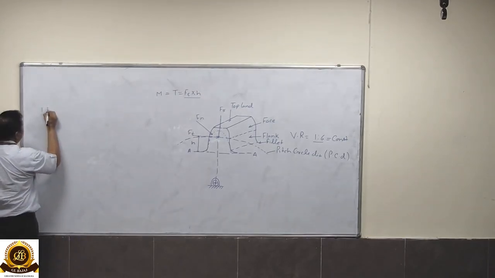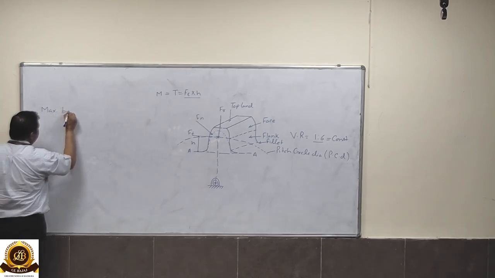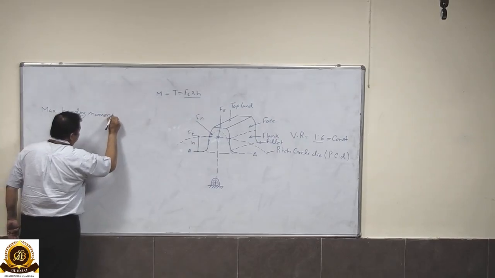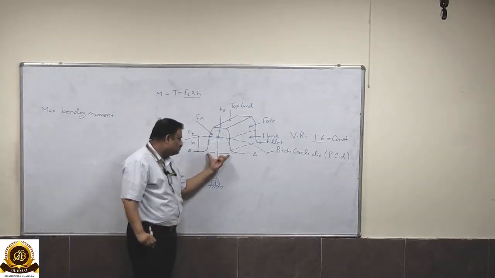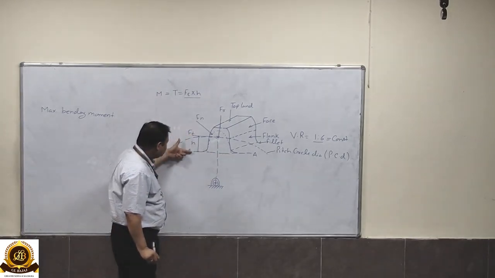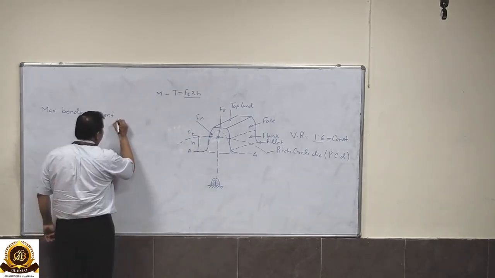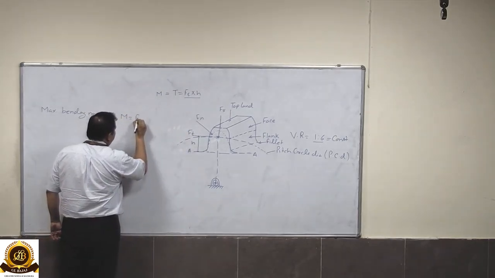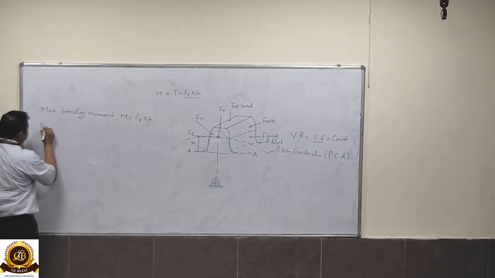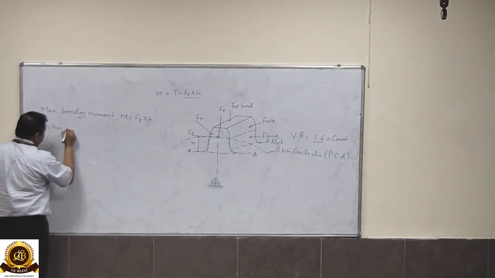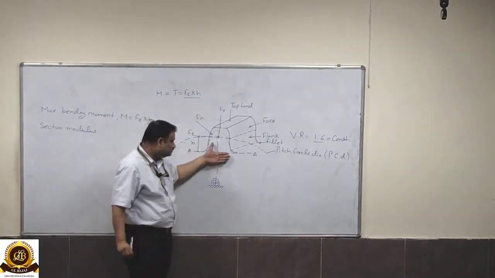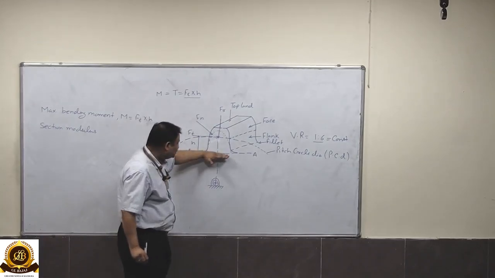We know that the maximum bending moment occurs at this section A. So the distance from this tangential load is say h. Now the moment is Ft into h. So let us take M equals Ft multiplied by h. We know the section modulus of the cross section of the tooth; obviously we have to take the cross section at this section.